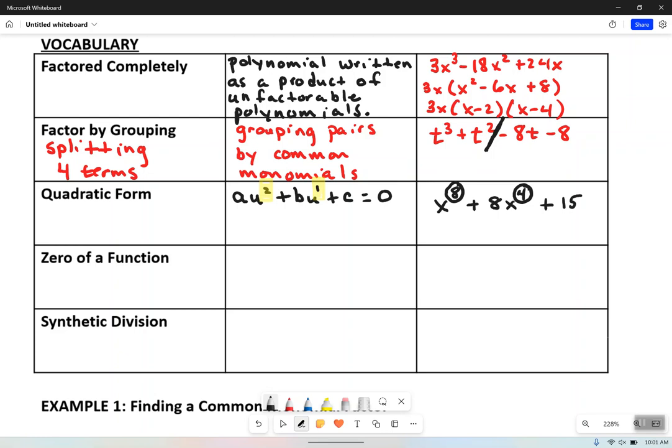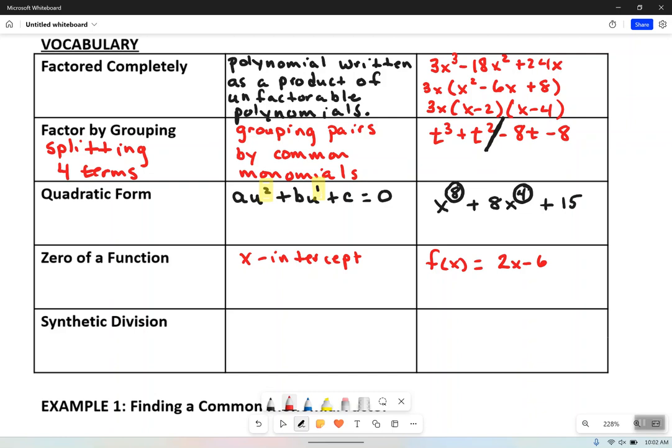Guys, zero of a function. A zero of a function is simply the value that makes a function equal to 0. It's kind of like the x-intercept. That's what I want you to get down for zero of a function. If I gave you this function right here, kids, f of x equals 2x minus 6, what value would you plug in for x to make that equal to 0?